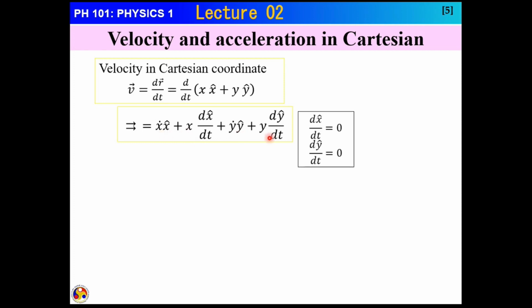By the way, we know that dx cap by dt is going to be 0 because the direction of the unit vector is fixed in this Cartesian coordinate system. It doesn't change with position, hence it is not going to change with time. So these two terms will be 0, and the velocity is going to be equal to x dot x cap plus y dot y cap.